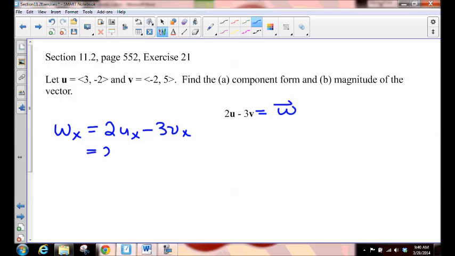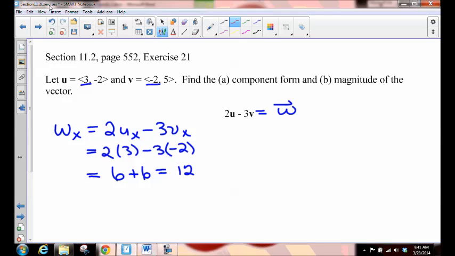That's 2 times the x component of u, which is 3, minus 3 times the x component of v, which is -2. That gives me 6 plus 6, which is equal to 12, so the x component of my new vector is 12.